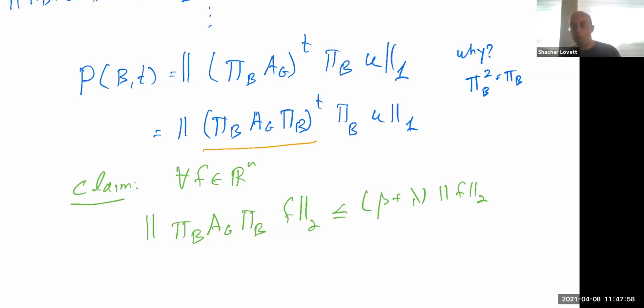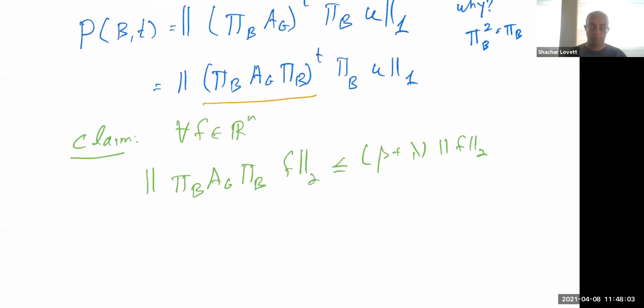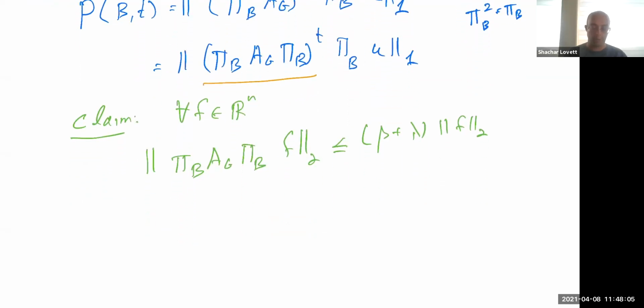Before we prove this claim, let me show you why proving this claim will be enough for us. And then we're going to go back to proving this claim. So let's again look at this PBT. We said it's going to be pi b ag pi b to the t over this vector pi b u in L1.